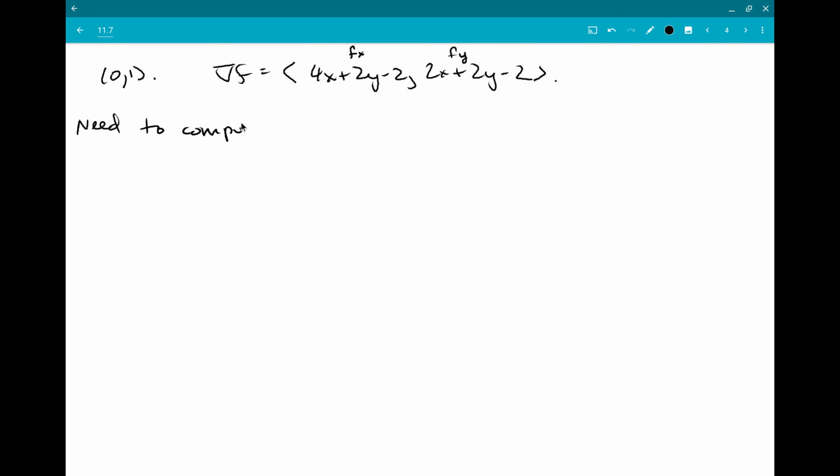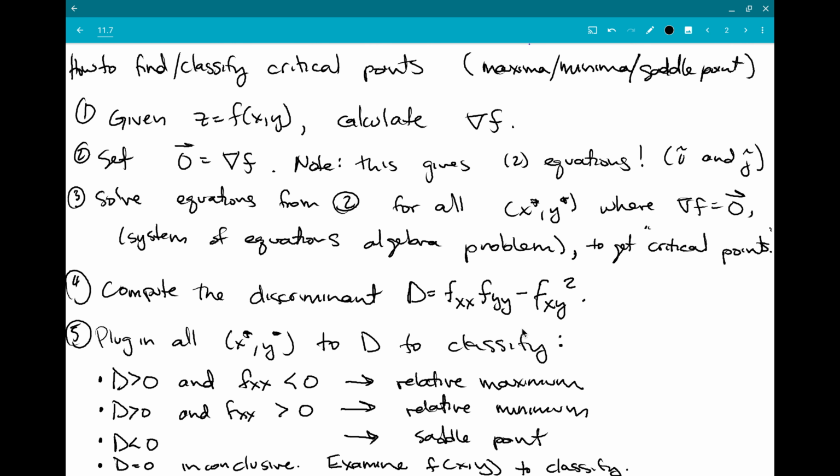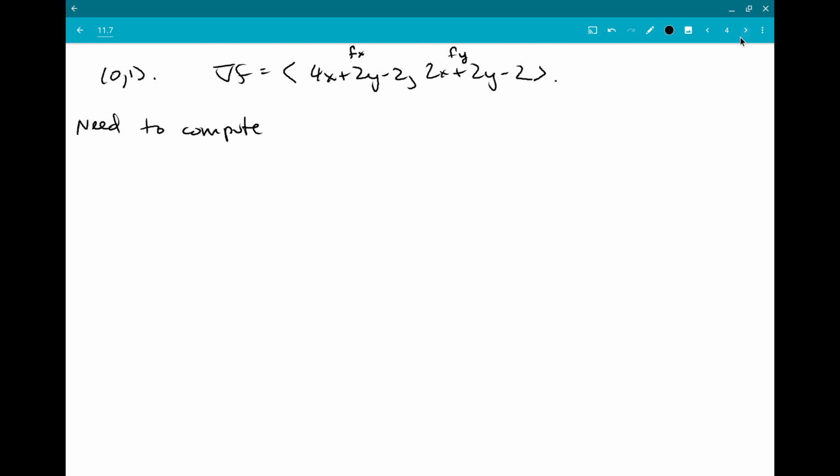So I need to compute, I'm over to my step 4, compute the discriminant. I already found my critical points, and this is the classification part. So I need D equal to f sub xx times f sub yy minus f sub xy squared.